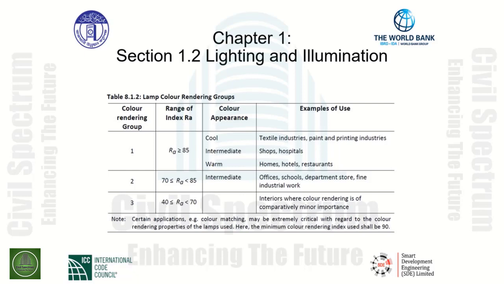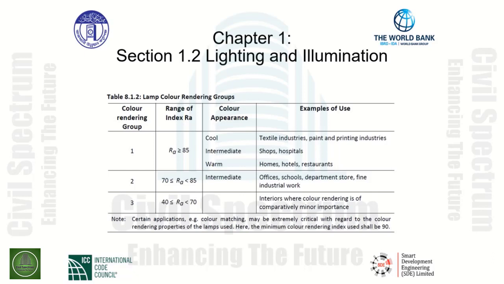Color rendering group number 2 gives us a range between 70 and 85. And color rendering group 3 gives us a range of between 40 and 70. The color appearance, as seen in the third column, in color rendering group 1, is cool, intermediate, and warm.